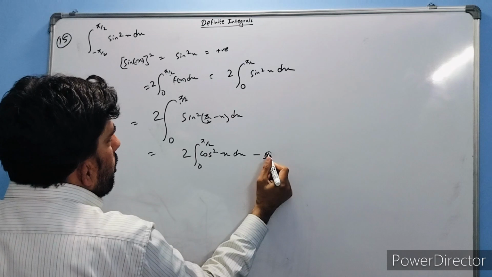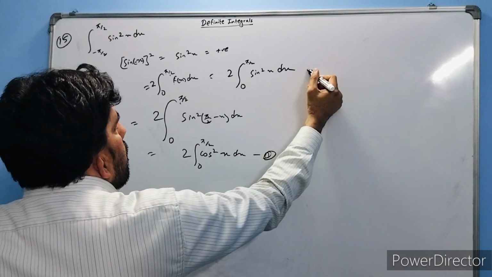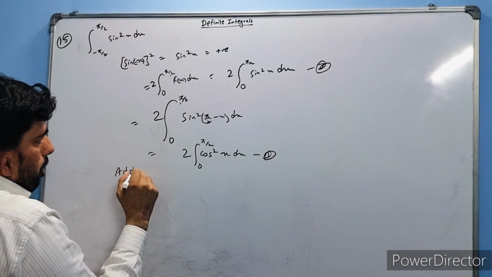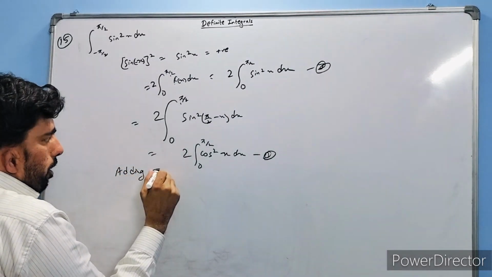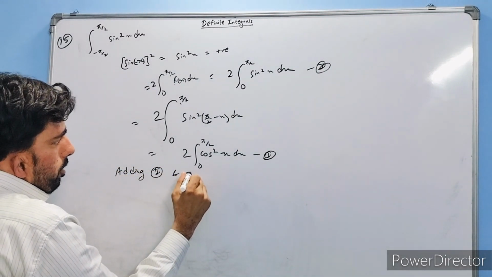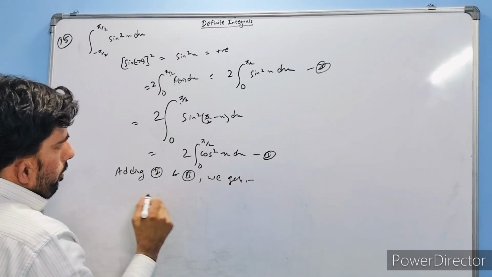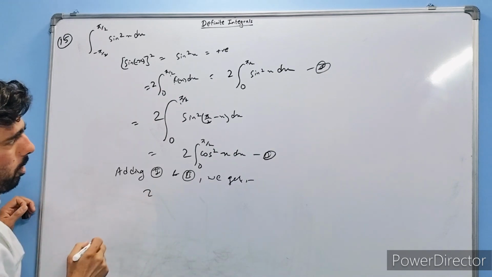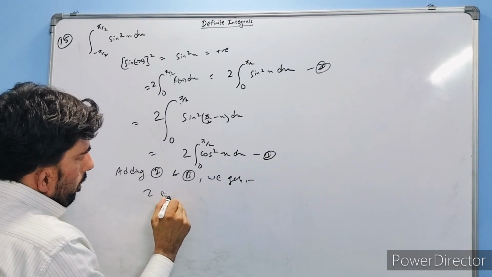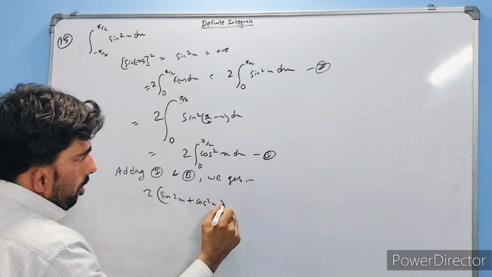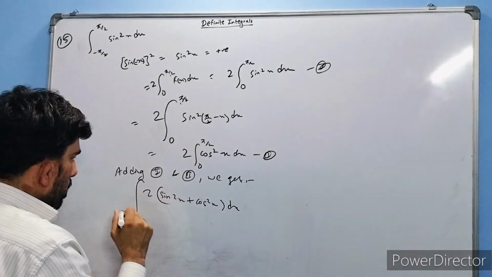This is the second one, and this is the first one. Now adding first and second, what will we get here? sin square x plus cos square x dx.